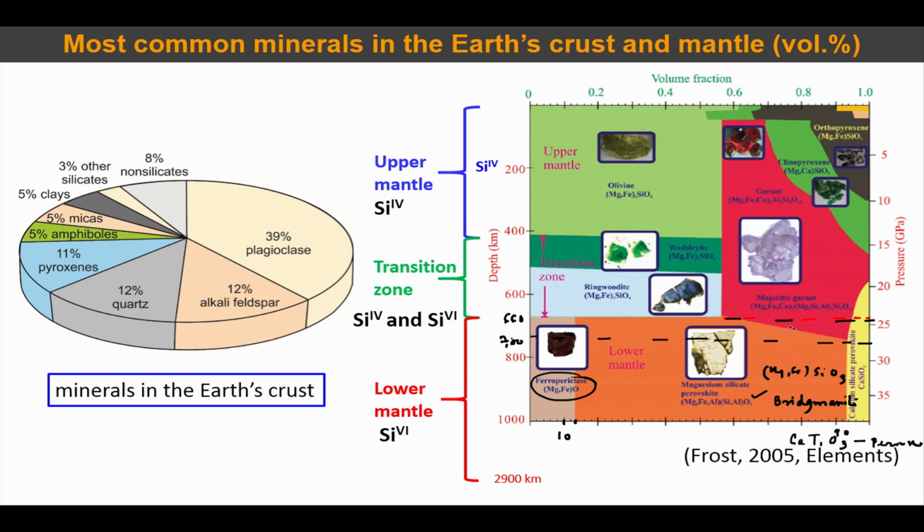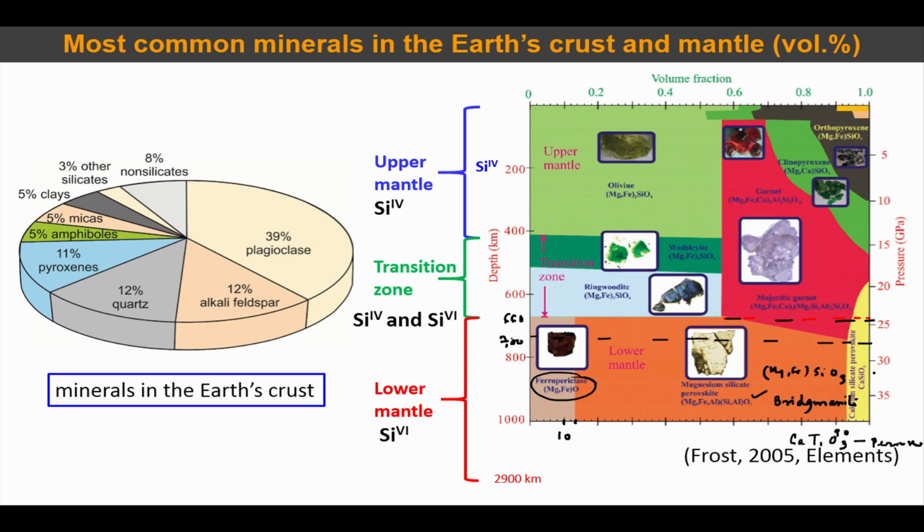Then you have majorite garnet, which is also present in the upper part of the lower mantle, and then a calcium silicate perovskite, which is a calcium-rich perovskite, with the formula CaSiO3. So basically these four minerals are present at the top of the lower mantle.